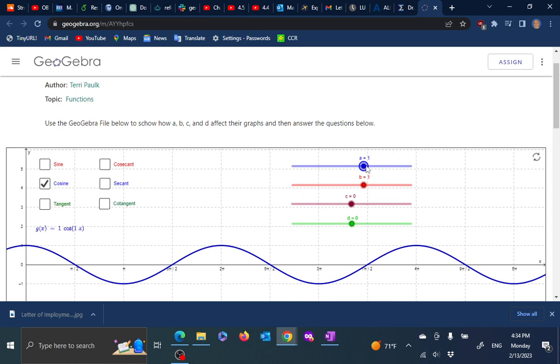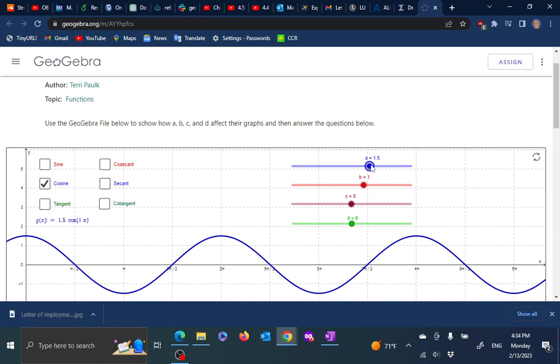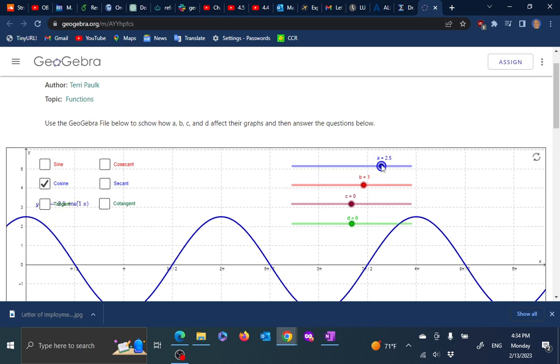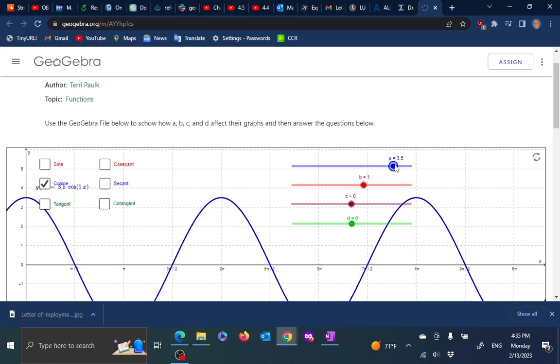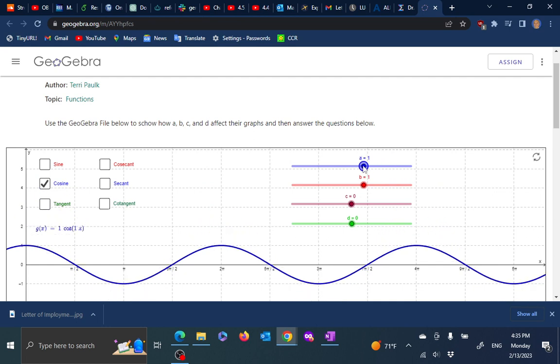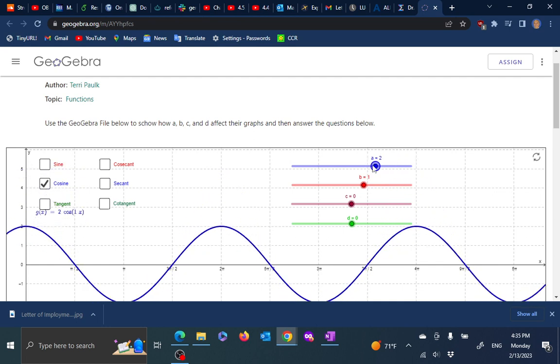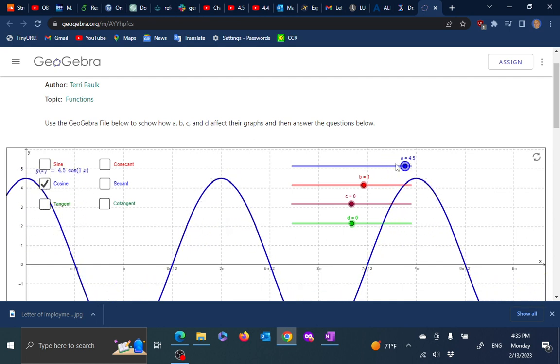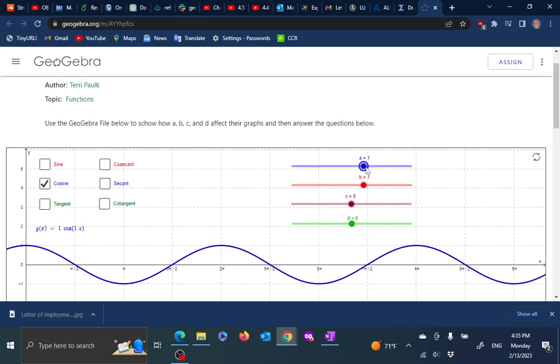Of course, what happens is that this is going to become twice as tall. Let's just remind ourselves. It's 1.5, 2, 2.5, 3, 3.5, 4, and so on. So this is controlling the height. The height is called amplitude.